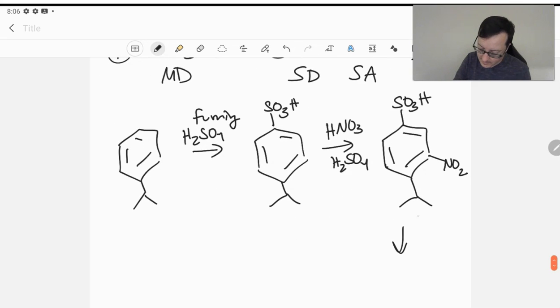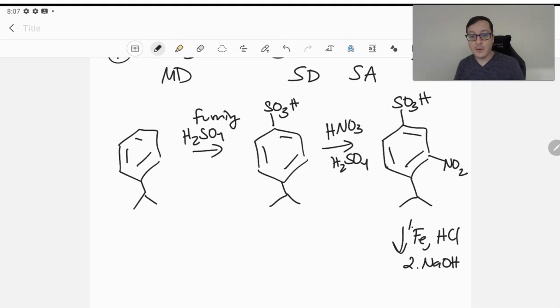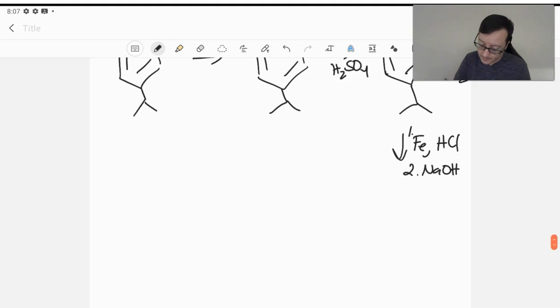I'm going to use iron and HCl here to reduce the nitro to the amine, then NaOH. Remember, you can use iron or zinc to reduce a nitro group to an amine.